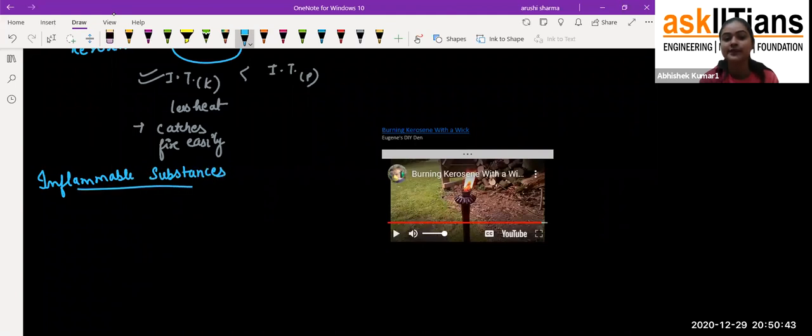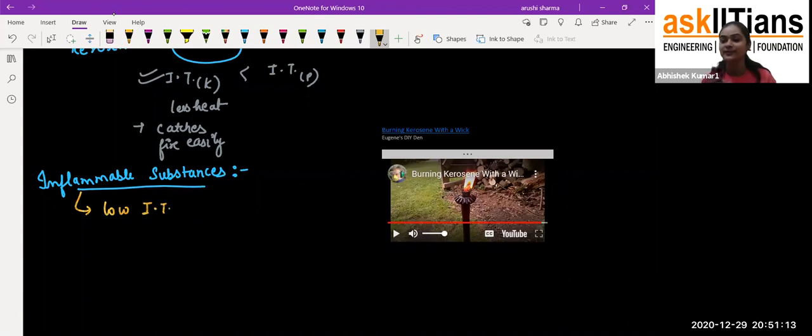Now what are inflammable substances? So students, we can say that these are those types of substances which have a low ignition temperature, and they catch fire very easily, and when they catch fire, they glow with flame. Okay, so those are called inflammable substances. So what we can write down for inflammable substances: the substances which have a low ignition temperature.